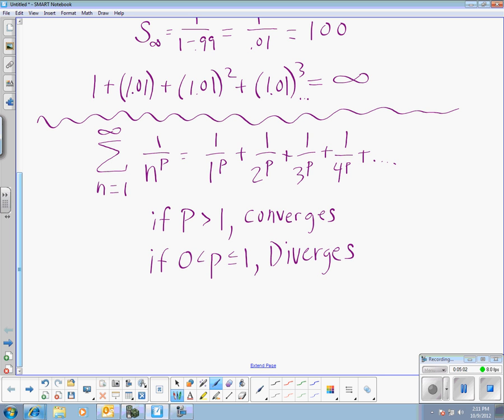If you're having trouble remembering this, just think of these are bigger p's. And bigger p's being on the bottom, bigger numbers on the bottom or on the denominator means smaller values.